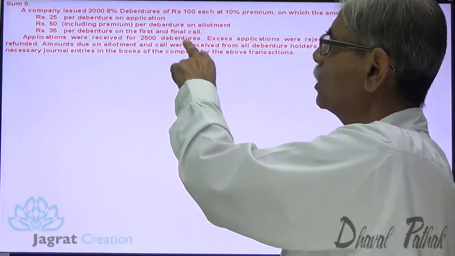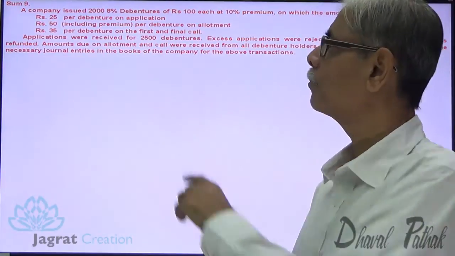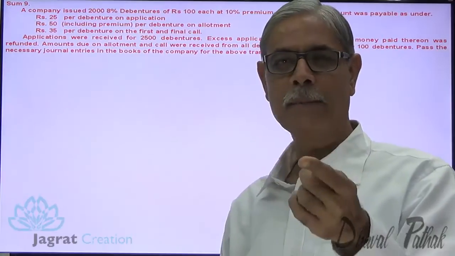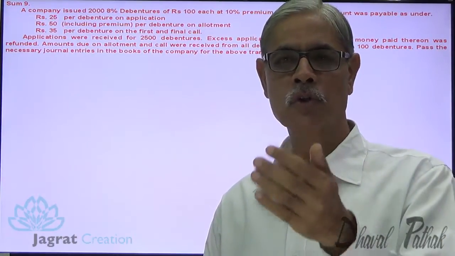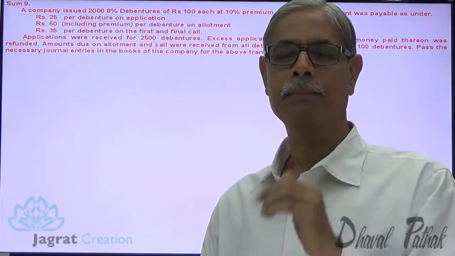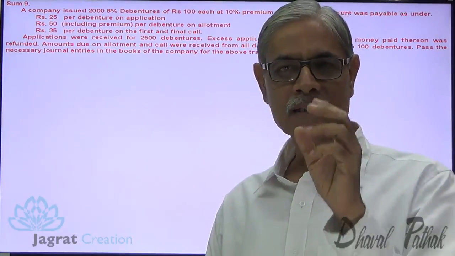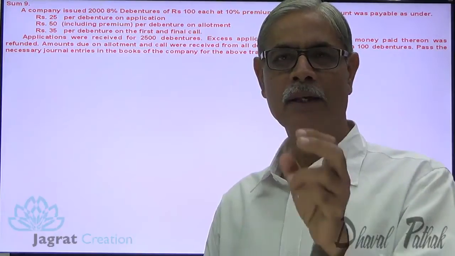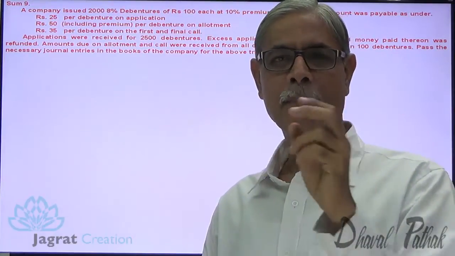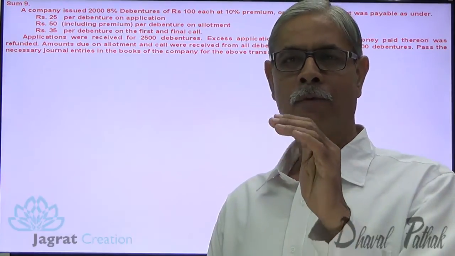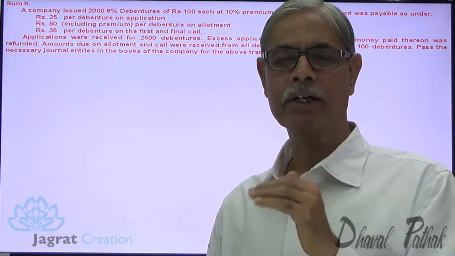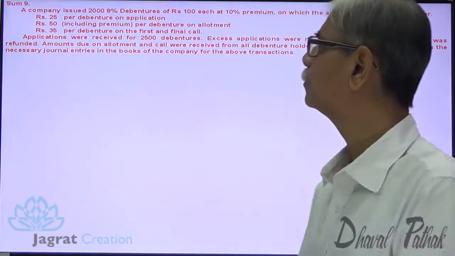Applications were received for 2,500 debentures. We wanted to issue 2,000 debentures. So, this is an oversubscription. The excess applications that we reject, the applicants to whom we don't allot debentures, their funds received with application have to be refunded.